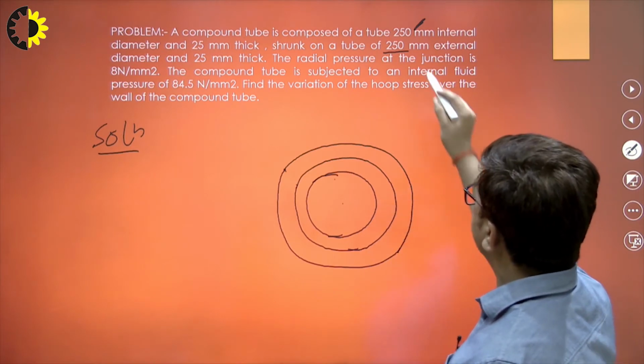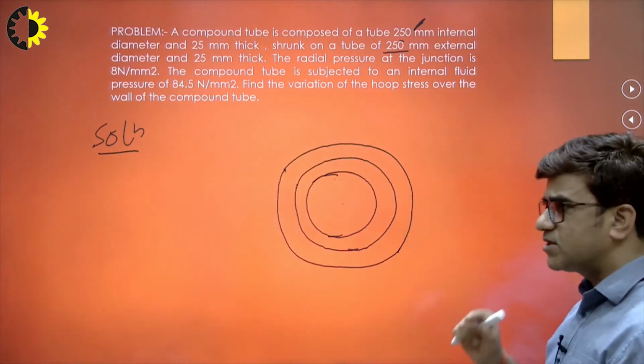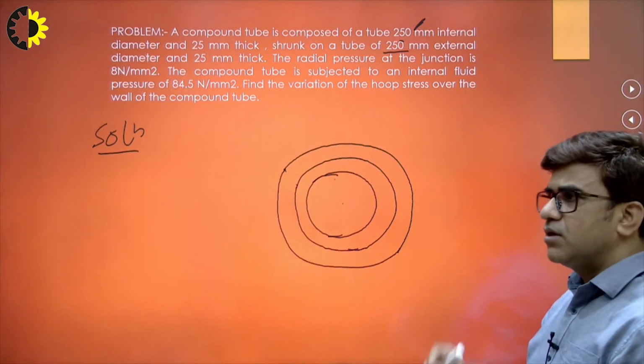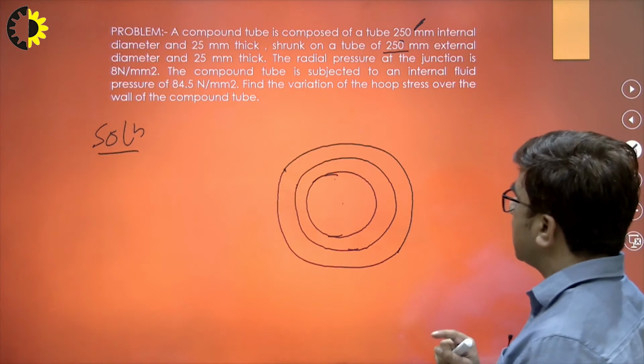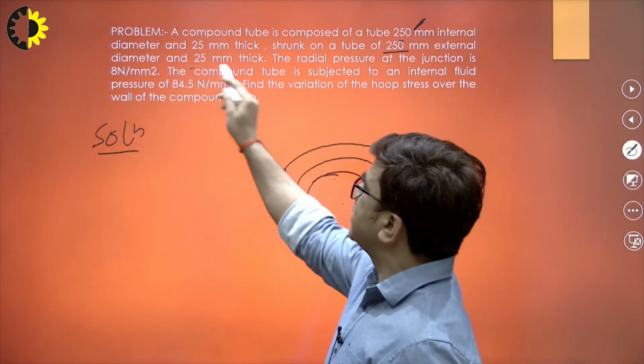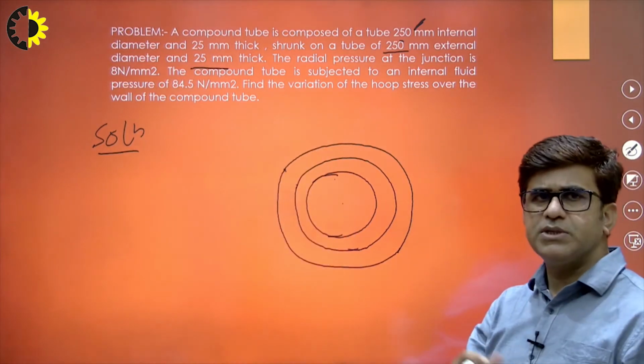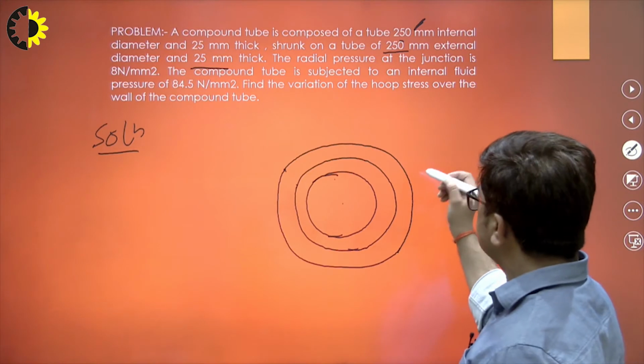This 250 mm is the external dia of the inner tube, and I can get the thickness because the thickness of the outer tube and inner tube is the same. So I will say this is the thickness.